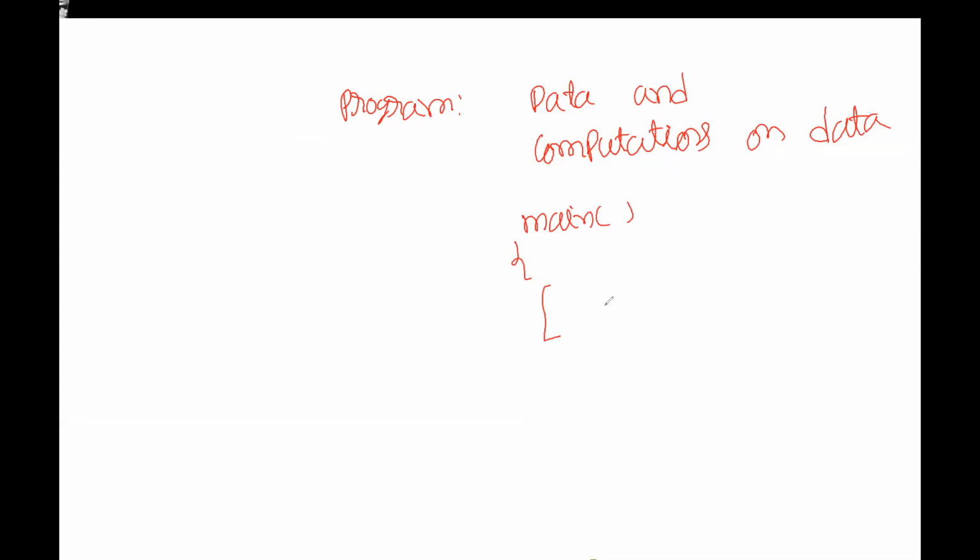So at the beginning you have variable declarations, where you declare how you are going to store your data and what the data type is. At the beginning of main, you do it. Followed by that, you have code. This code corresponds to the computations.